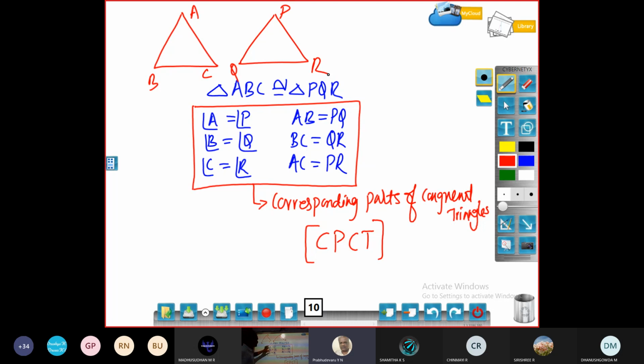Because the corresponding parts are equal, A will coincide with P, B with Q, and C with R. In the same way, AB with PQ, BC with QR, and AC with PR. All the corresponding parts will coincide.